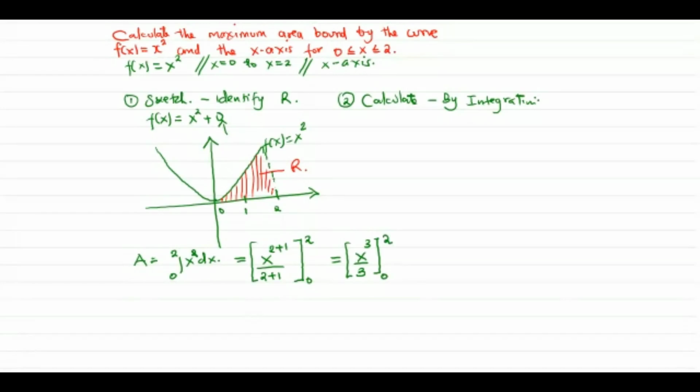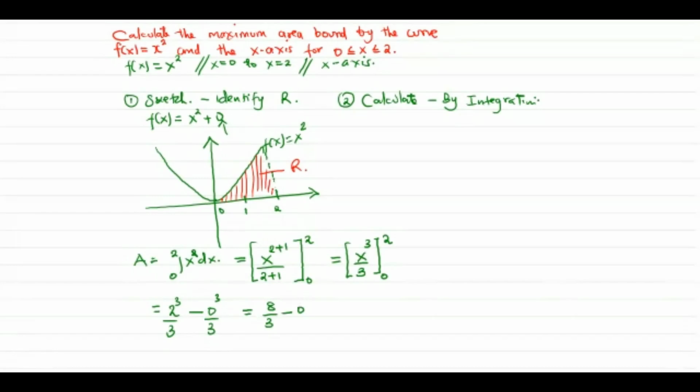We can then go ahead and evaluate. And to evaluate, we are going to take the upper limit first. So x to the power of 3 will be 2 to the power of 3 on 3 minus, if the boundary is 0, then we are going to take 0 to the power of 3 on 3. And of course, 2 to the power of 3 is 8, so that will be 8 over 3 minus the other bit becomes 0.